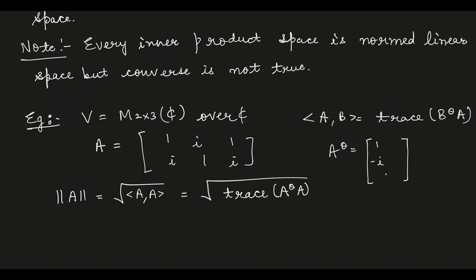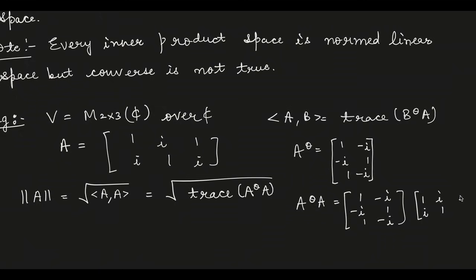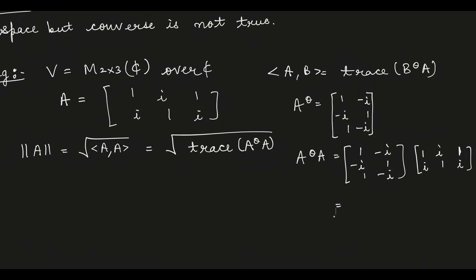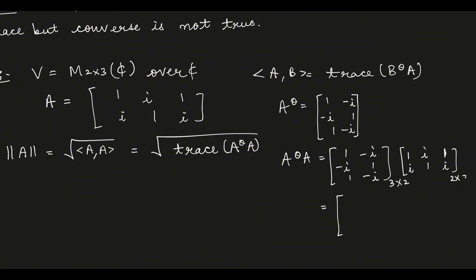Then A theta A, where A is [1 iota, iota 1, 1 iota]; this is 3 cross 2, this is 2 cross 3.